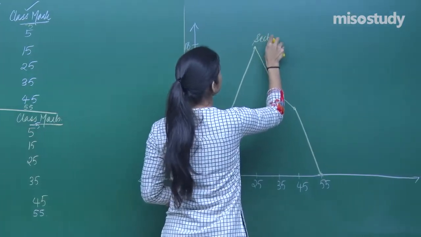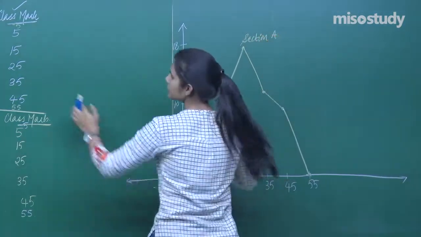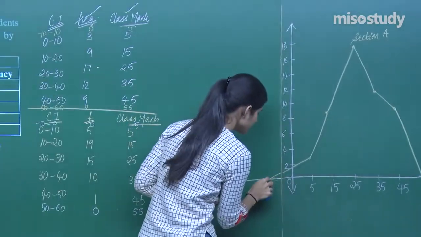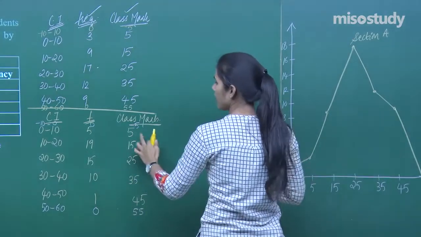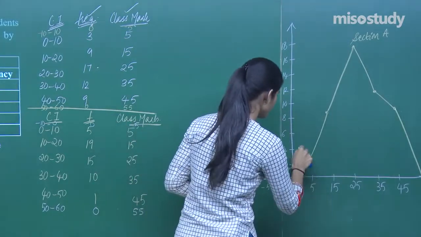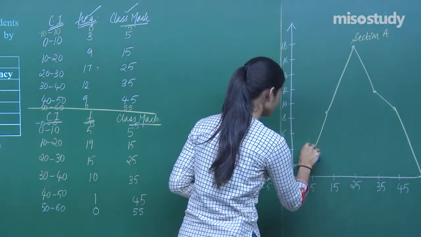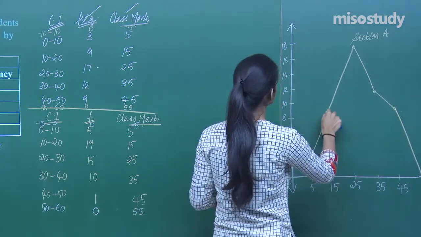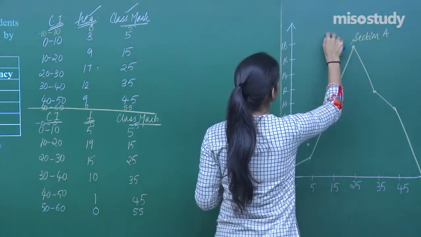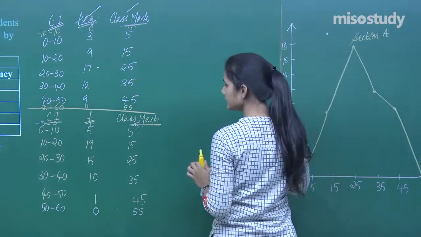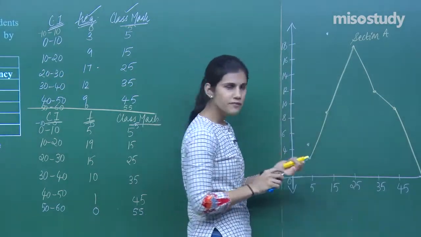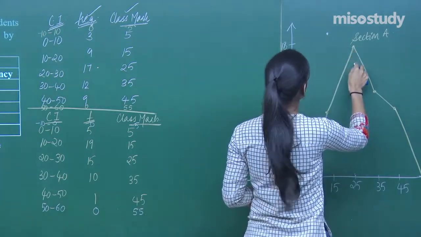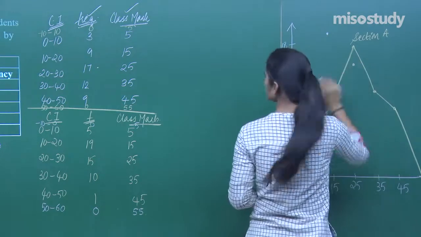This is section A, this data, right? Next you have here as well, -5 comma 0 again. Then you have 5 comma 5 here. Then you have 15 comma 19, so this is 10 and somewhere here is 19. Then 25 comma 15.